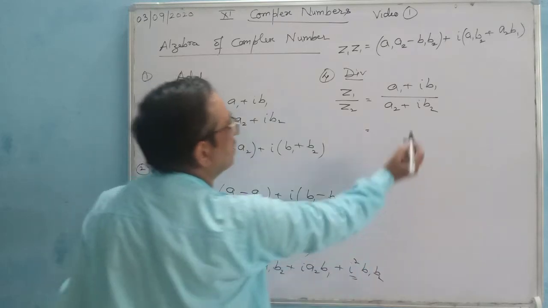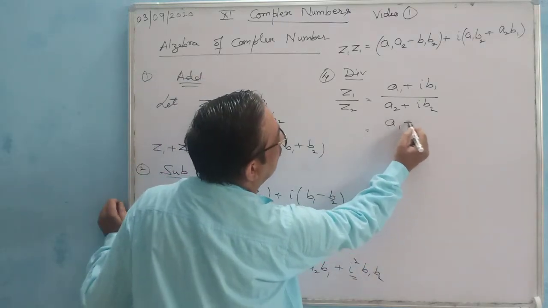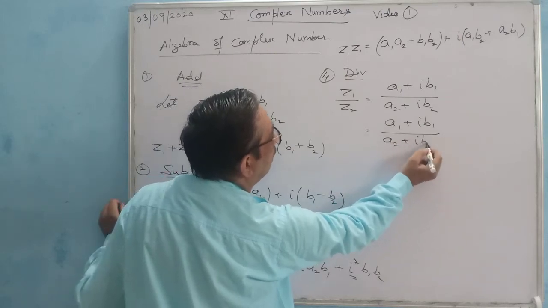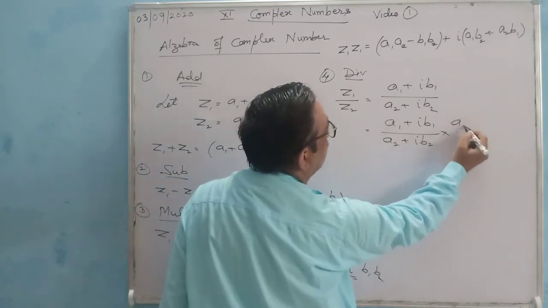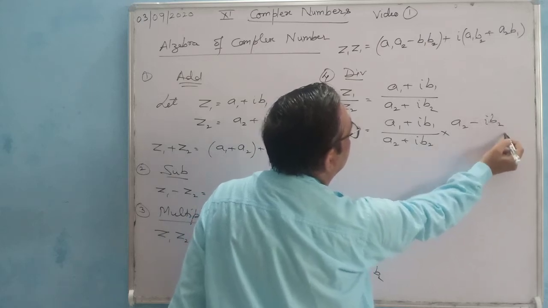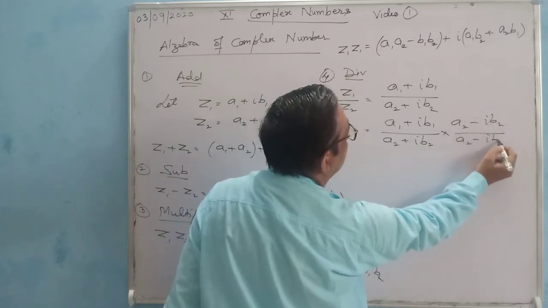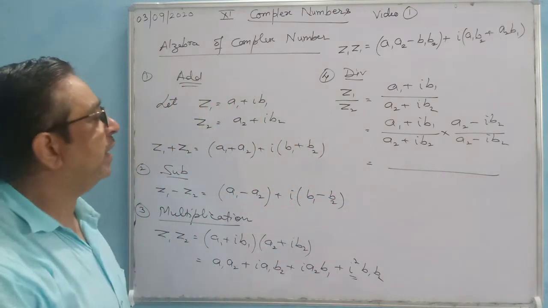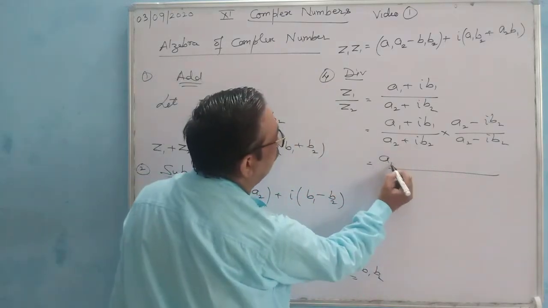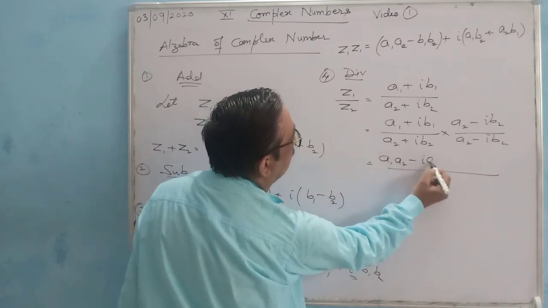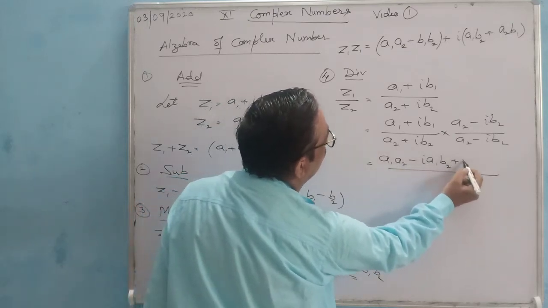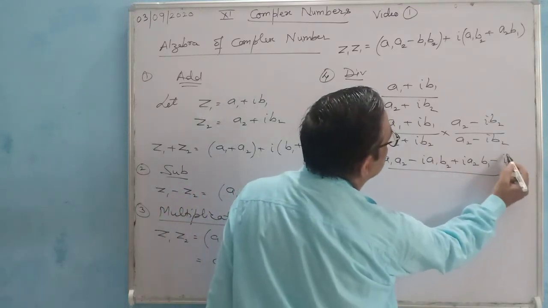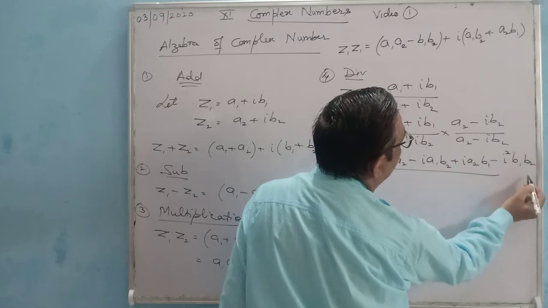In this case, rationalize it. What happens with rationalization? In the numerator, simple multiplication: a1 a2, a1 b2, a2 b1, minus i square b1 b2.